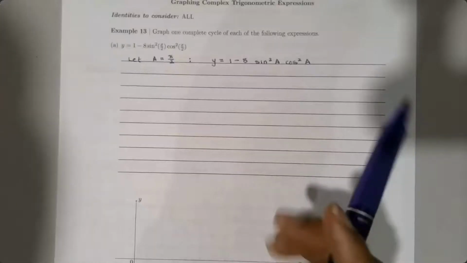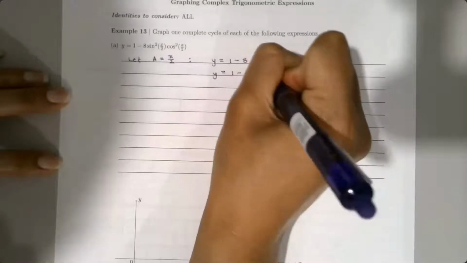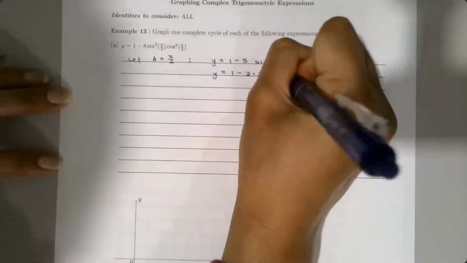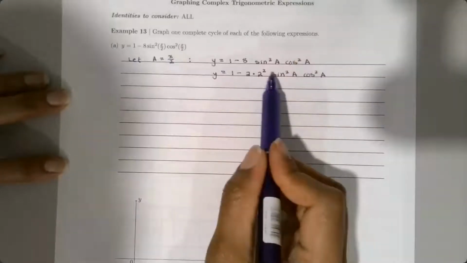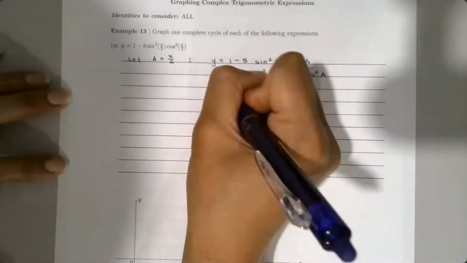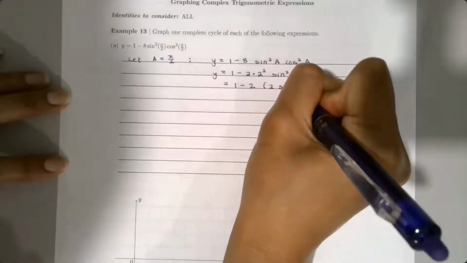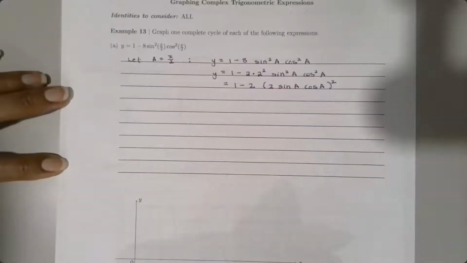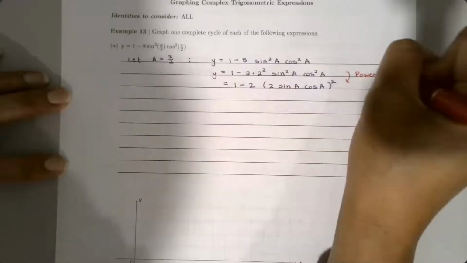I'm going to write this as y equals 1 minus 2 times 2 squared, because 8, I can split up into a 2 times 4, times sine squared of A cosine squared of A. And then all of these factors have a square. So using our power rule, I'm going to pull that out so that we have 2 sine A cosine A, everything squared.